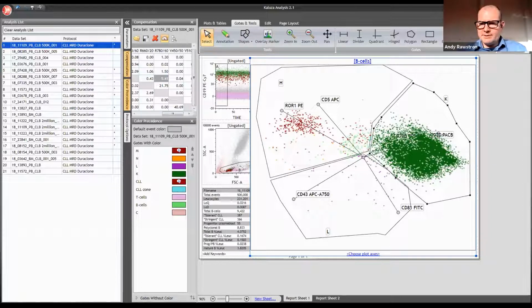When we've looked at different markers, say a different CD79 or a different CD81, this orientation seems to work all the time, but how far you pull cells in each direction varies.